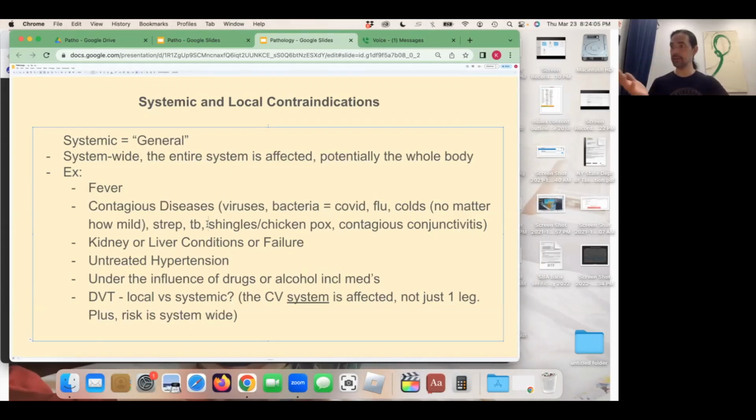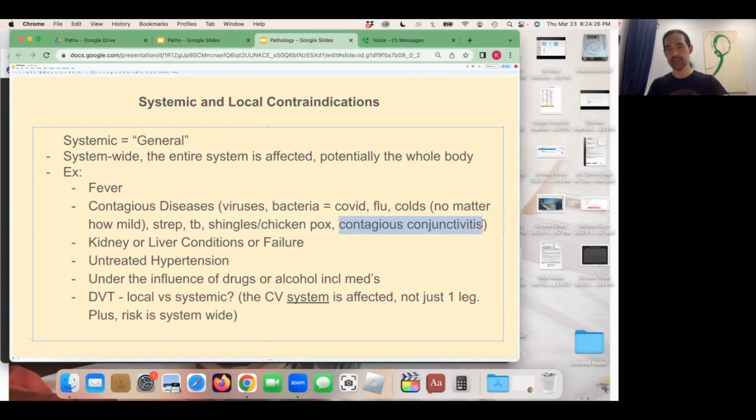But here in New York, if you're going to work in the public education system, you have to get a TB test before you can go into the schools. So even if it's rare, it is very serious. Shingles or chickenpox, that's a no-go. You got to stay home, buddy.